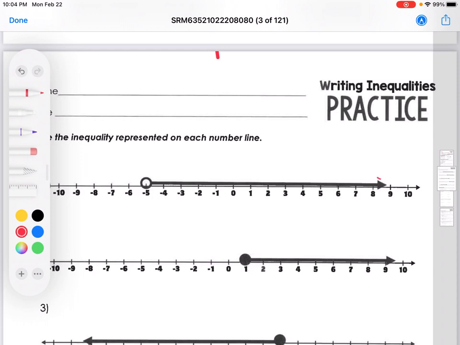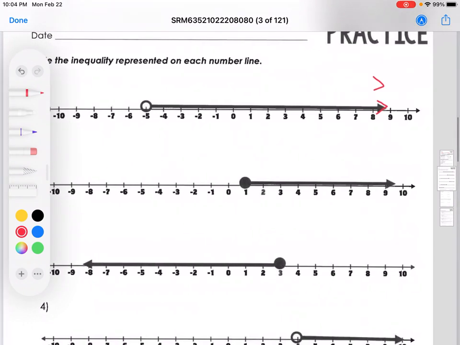So if my arrow is pointing to the right, then that means I use the greater than symbol. If it's pointing to the left, that means I use the less than symbol. And then my circle would also tell me whether it needs the "or equal to" part of the symbol.